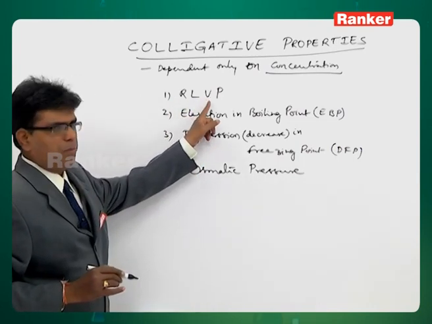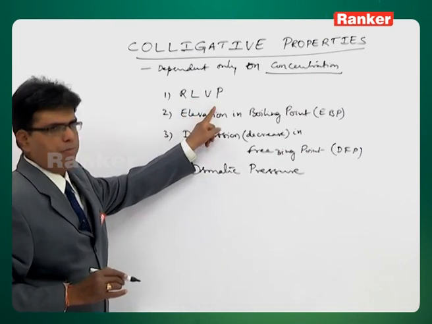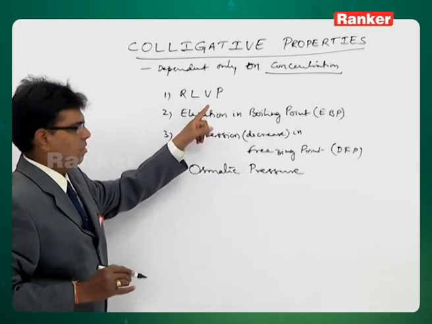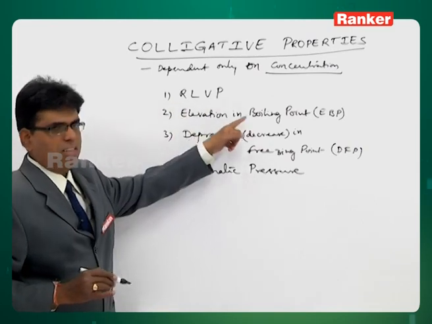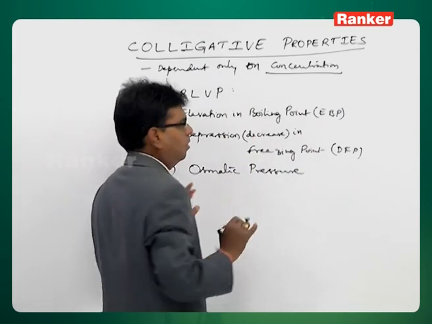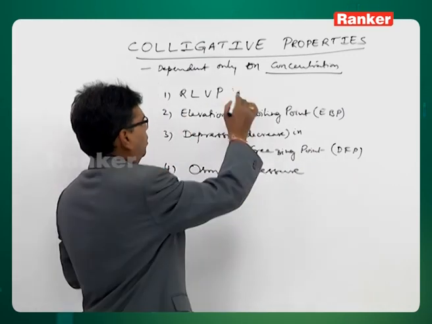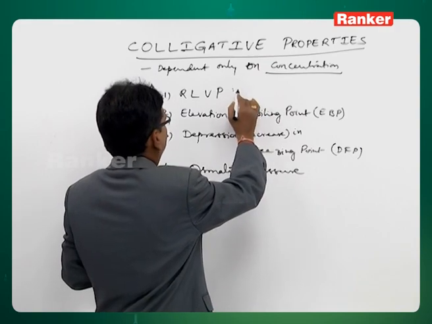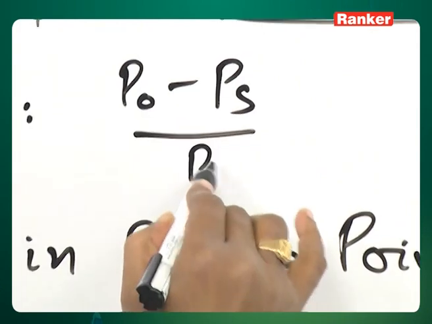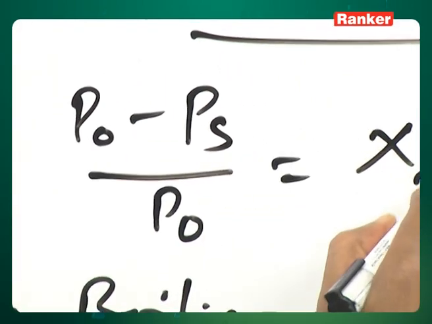What is vapor pressure? What is lowering of vapor pressure? What is relative lowering of vapor pressure? We already discussed this in our previous classes. Just as an immediate recollection, I write that (P naught minus Ps) by P naught is equal to the mole fraction of solute.